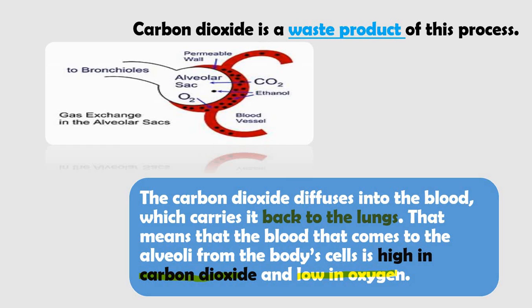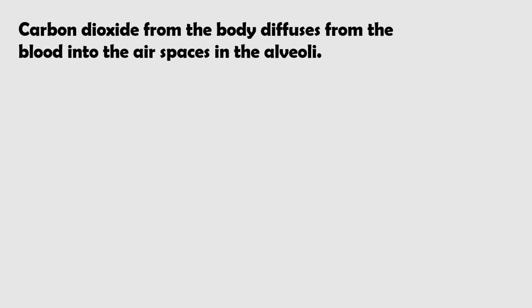This is the blood returning from all body cells after the gas exchange to the alveolar sacs, or to the lung in general. When carbon dioxide reaches the alveoli, it diffuses from the blood into the air spaces in these alveoli.